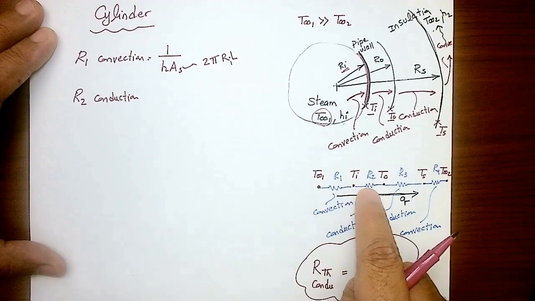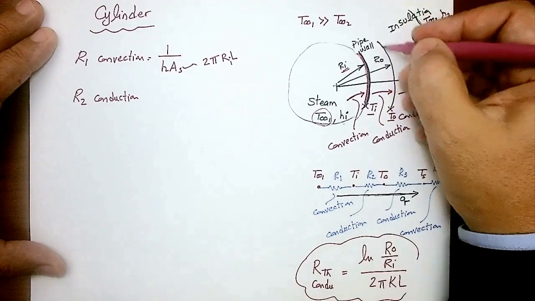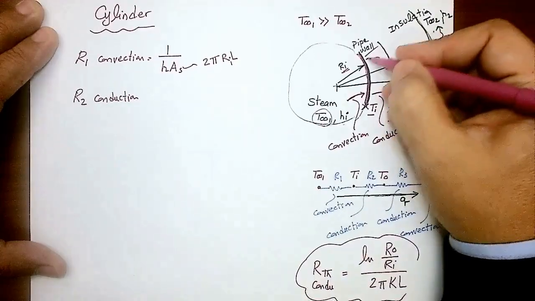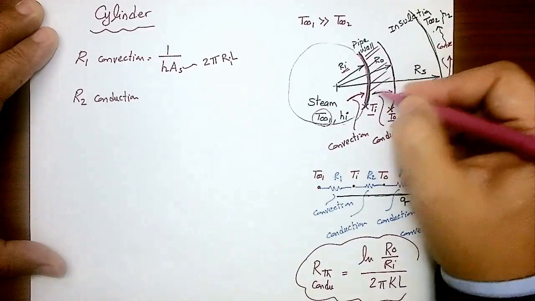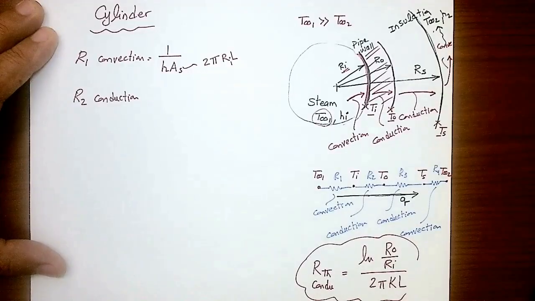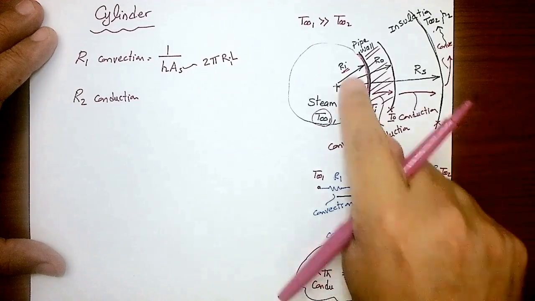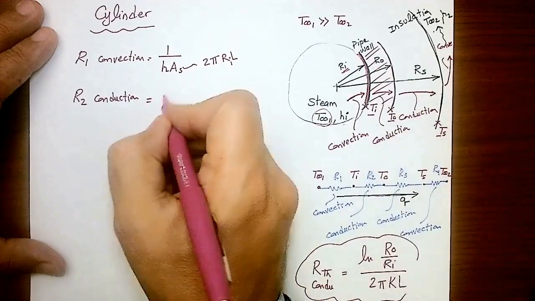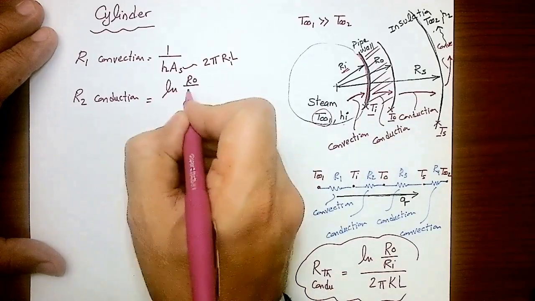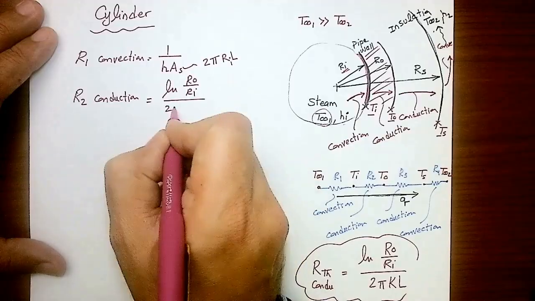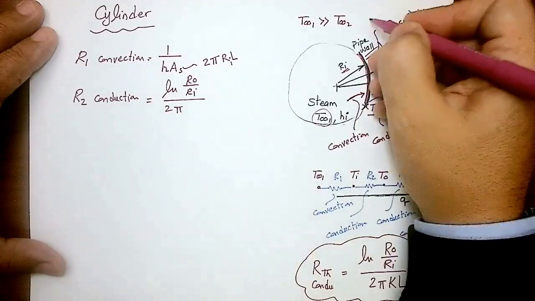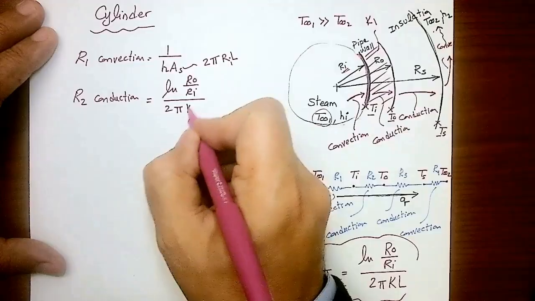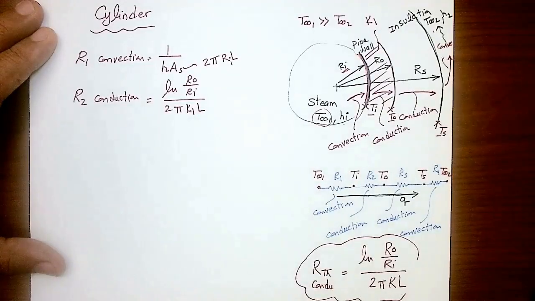R2 is between Ti and T out. R2 is presenting this solid body here. So what are the boundaries here? Ri and R out, right? So that ratio will be natural log of R out over Ri divided by 2 pi. I'm going to assume the pipe has the thermal conductivity K1, so I'm going to call that K1 times L.